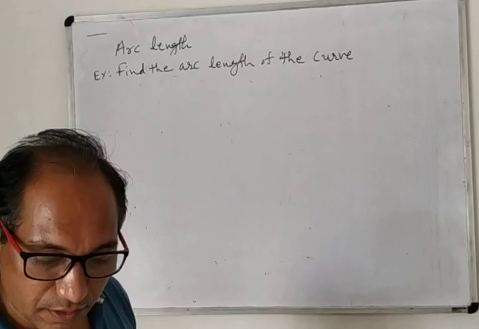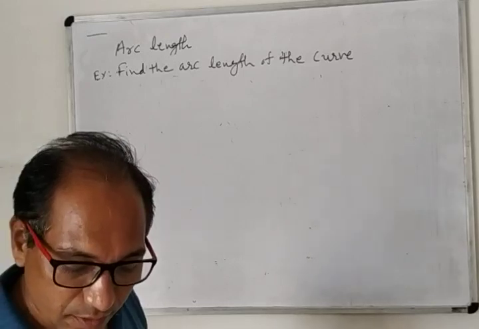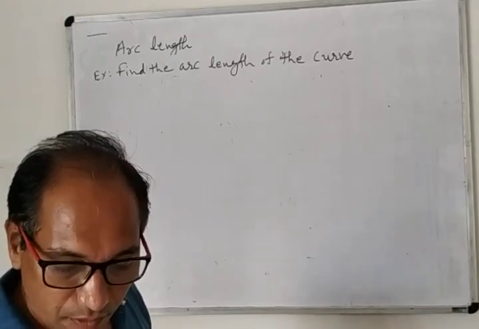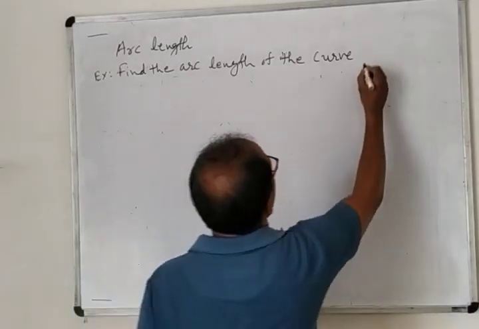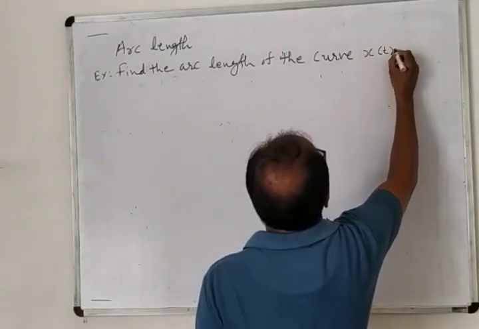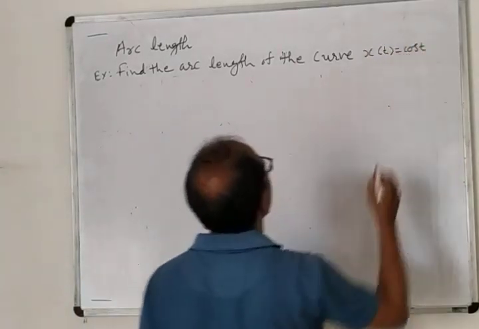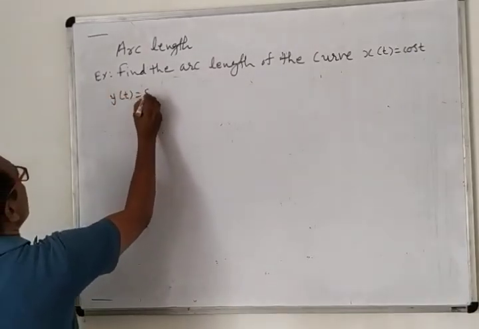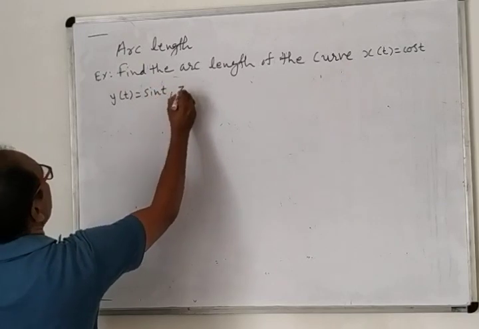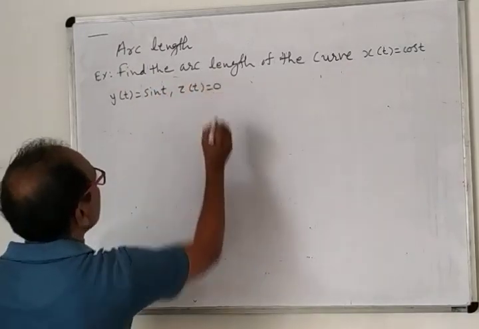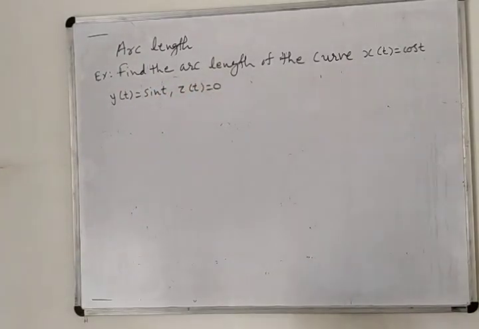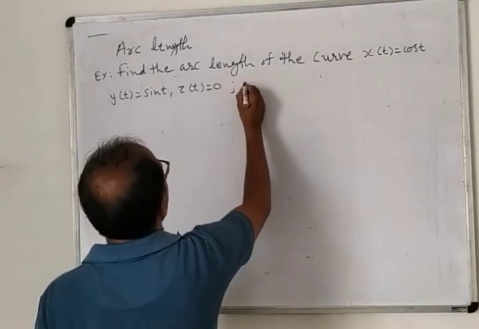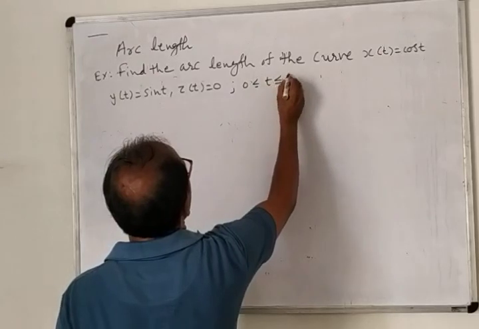Here we will consider a semicircular arc, x(t) equal to cos t, y(t) equal to sin t, and z(t) equal to 0, and the range of t is given from 0 less than or equal to t less than or equal to pi.